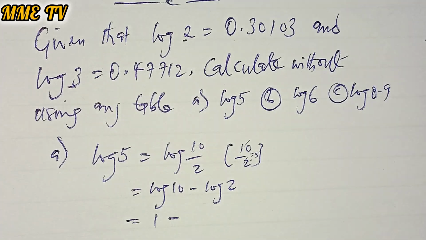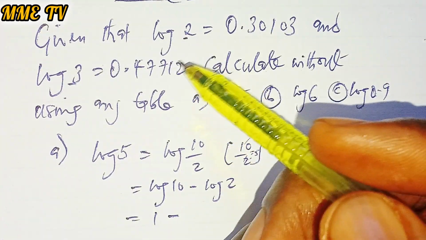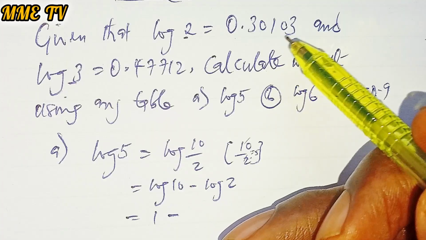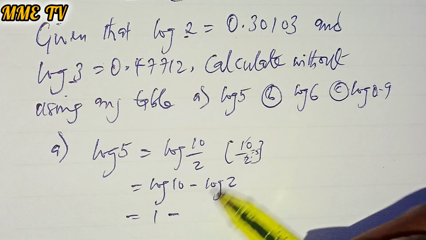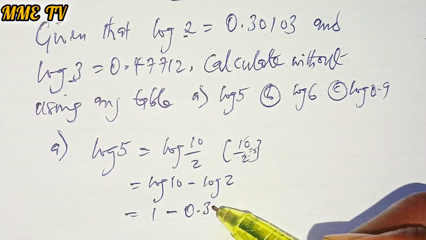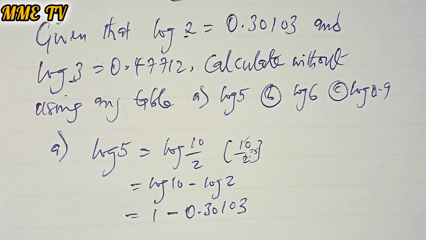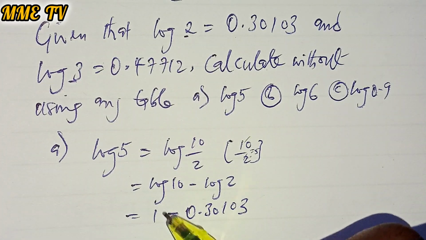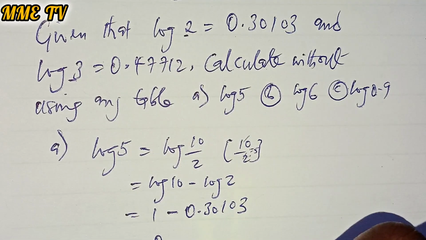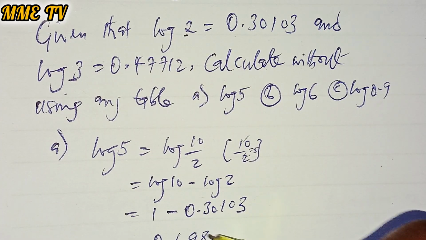What value is that? You remember that they told us earlier that log 2 is equal to 0.30103. So this time around, it will be 1 minus 0.30103. When you now subtract this value, what it will give you is exactly 0.69897.